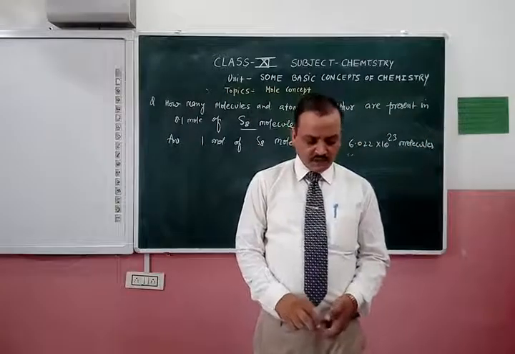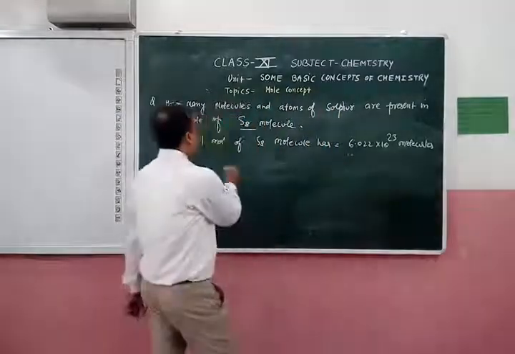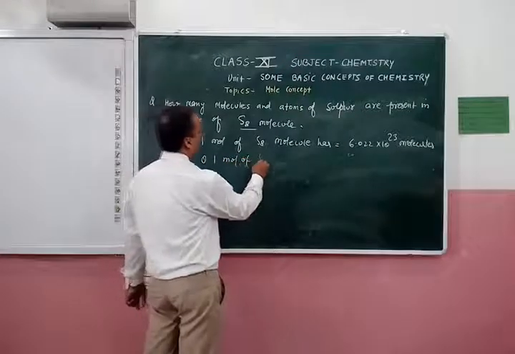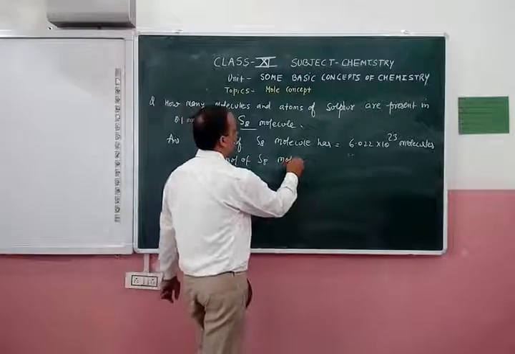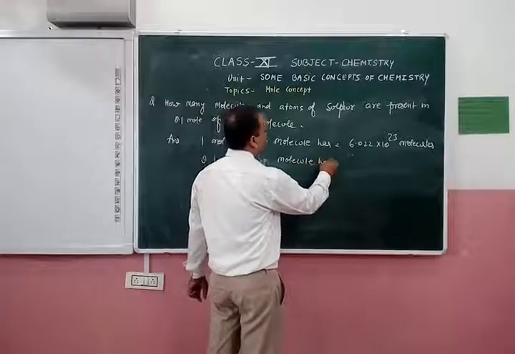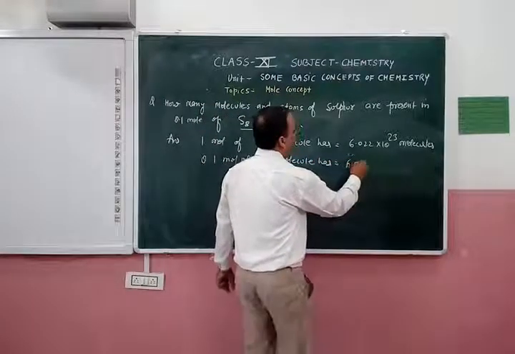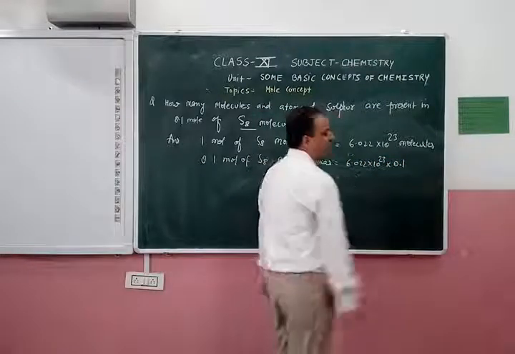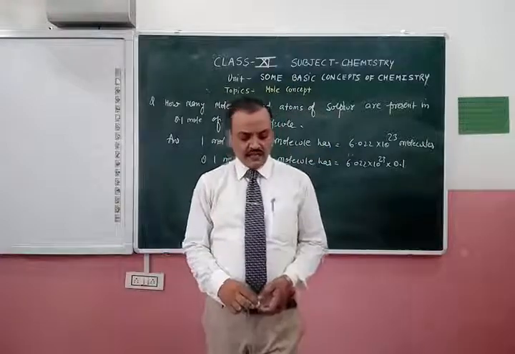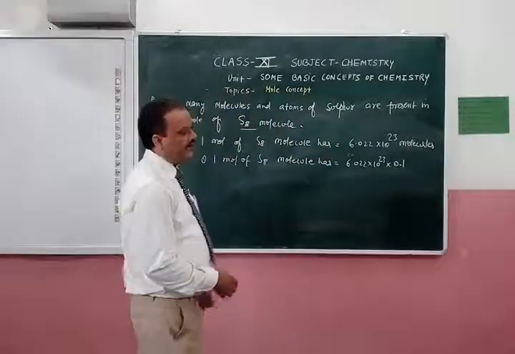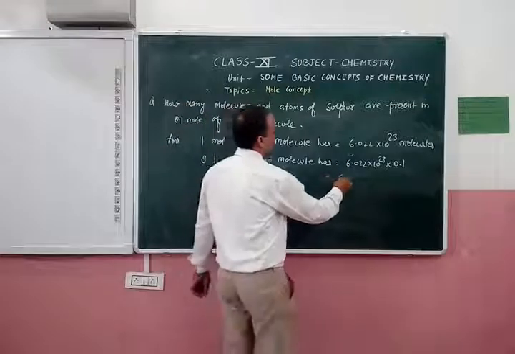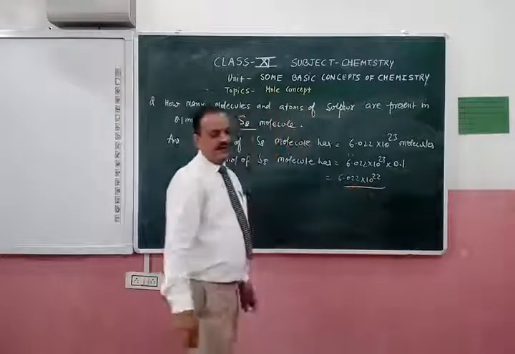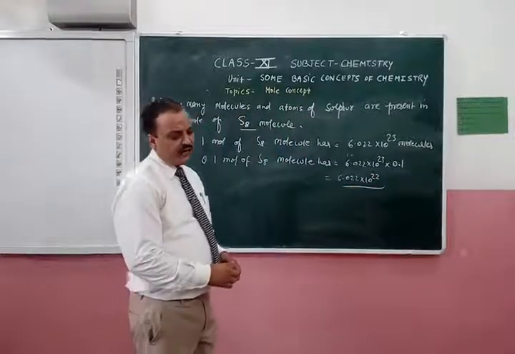So for 0.1 mole of S8 molecule, we just multiply this quantity by 0.1, and the quantity we get is 6.022 into 10 raised to power 22 molecules in this 0.1 mole.